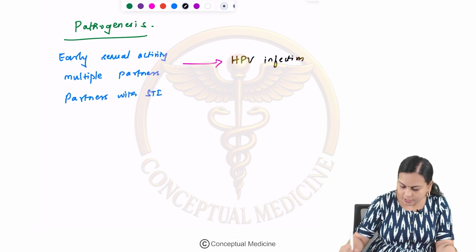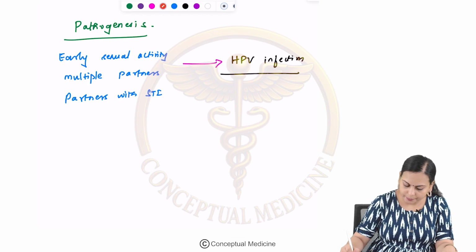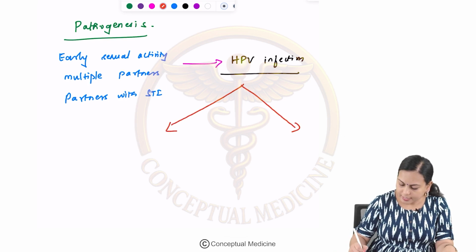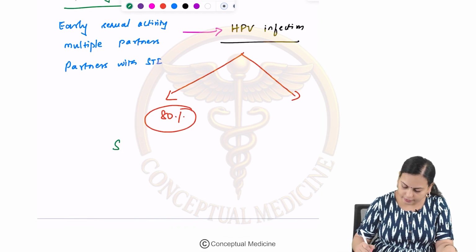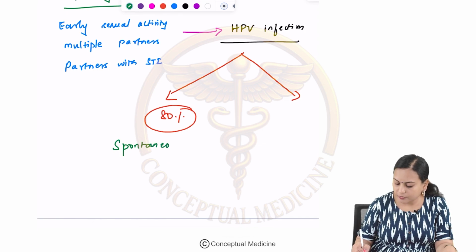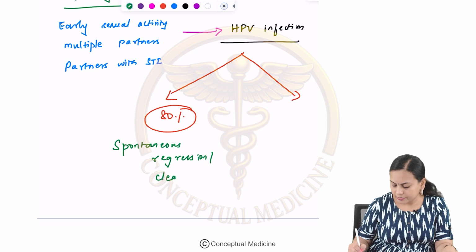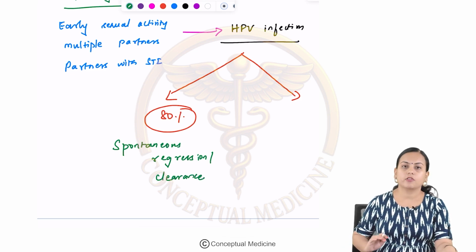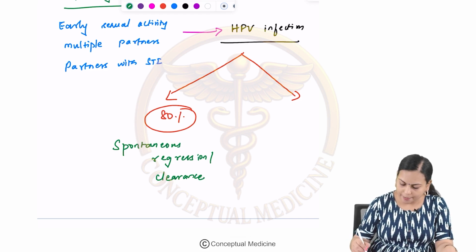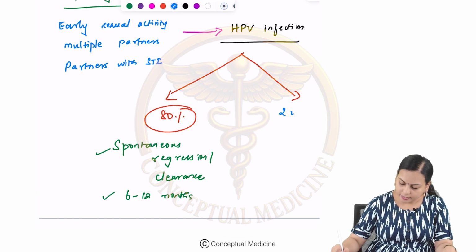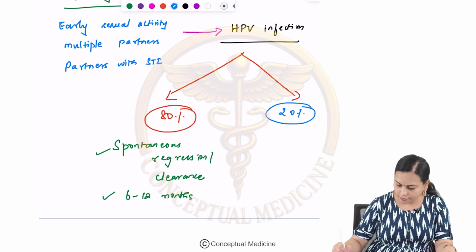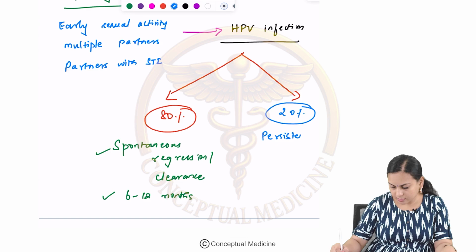And in HPV infection, remember, 80% of them will go for spontaneous regression or clearance. There will not be any infection at all, and this happens within 6 to 12 months of the infection. And the remaining 20% of them will go for persistent infection.